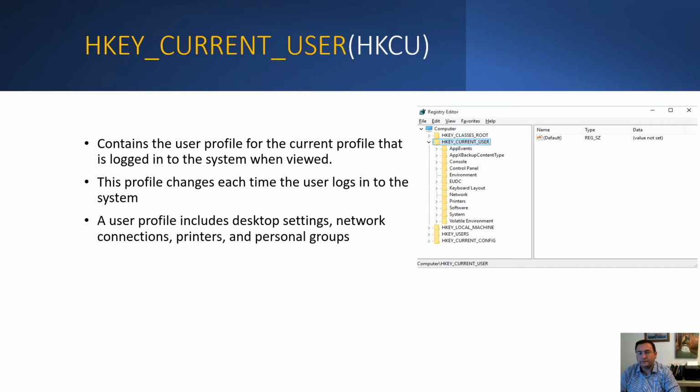HKEY_CURRENT_USER is very important for the forensic examiner and examinations. It contains the user profile for the current profile that's logged into the system when viewed, and it also contains application usage information and an individual's internet activity details. This profile changes each time the user logs into the system, and a user profile includes desktop settings, network connections, printers, and personal group information, which can be found in HKEY_CURRENT_USER and is an important part of the forensic examination.